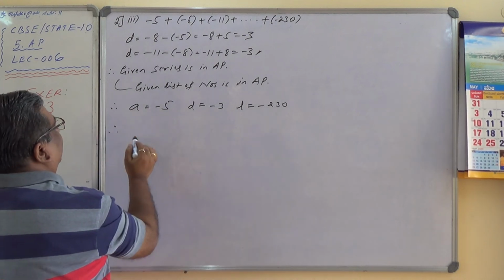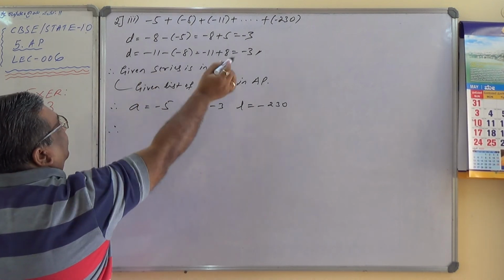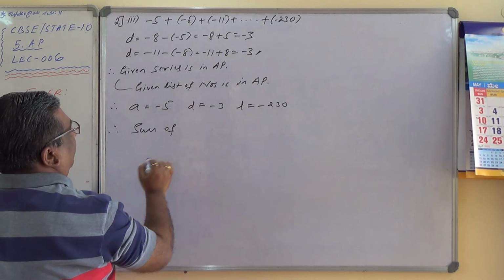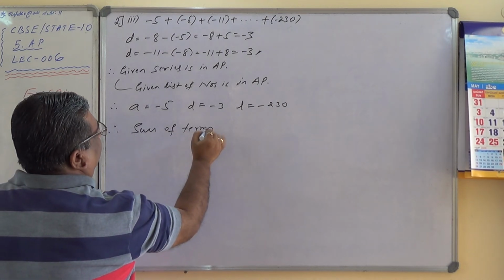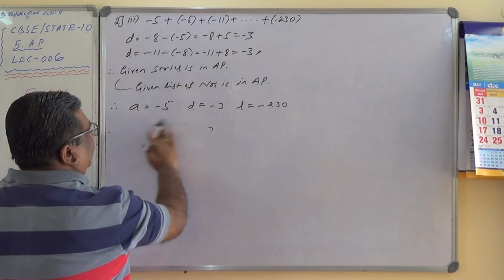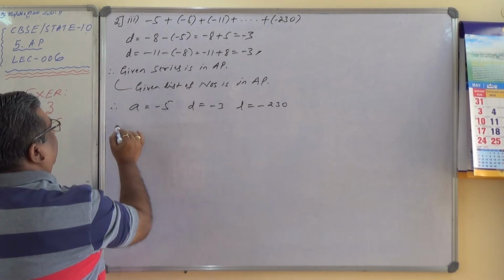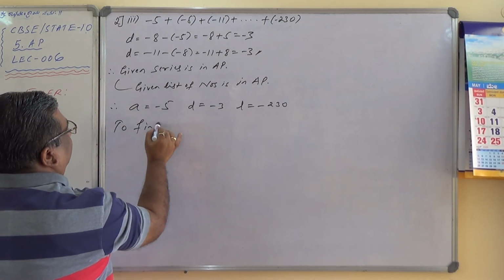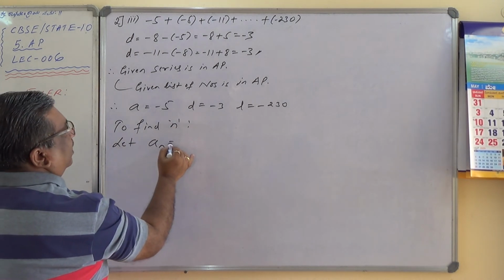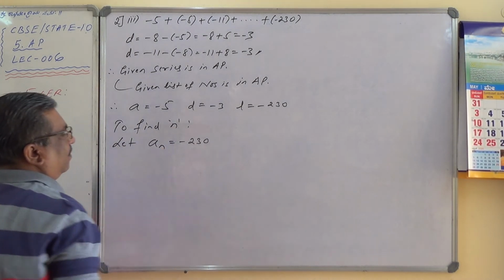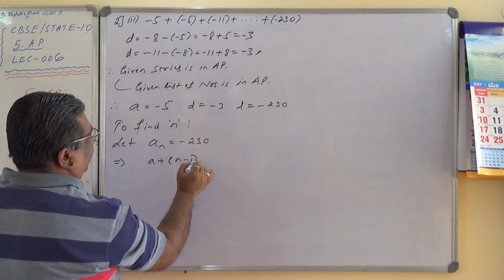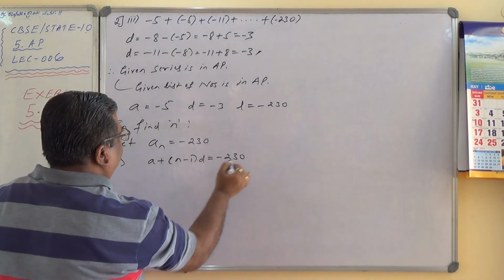The sum of terms is given by, we have to find out n also. To find n, let an equal minus 230, which implies a plus n minus 1 into d equals minus 230.